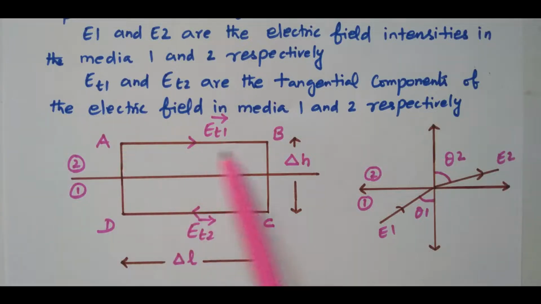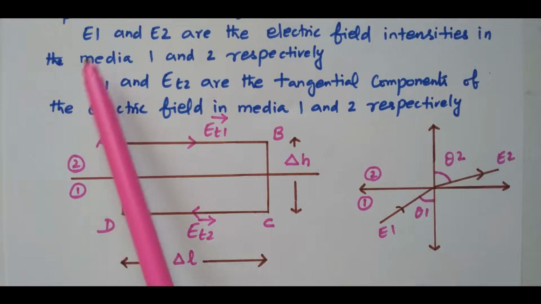So in AB what do we have? ET1, the tangential component of electric field intensity. In CD, ET2. See the direction, both are opposite, so this is negative. And see the vector diagram. This is the tangential component, and this is the normal. Electric field intensities E1 and E2. This is the angle of incidence, theta 2 is the angle of emergence.